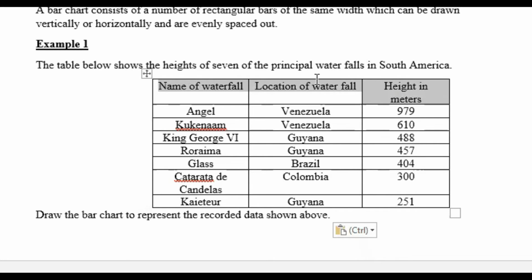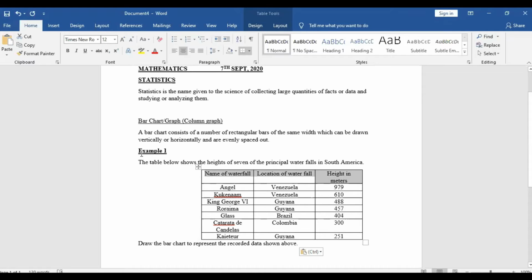So take a minute, copy this, and then we're going to go ahead. You'll need your graph paper so that you can draw it. Ensure you have that. Let me know when you're finished copying the example, and then we'll go ahead and do the construction of a bar graph, or bar chart, guys.